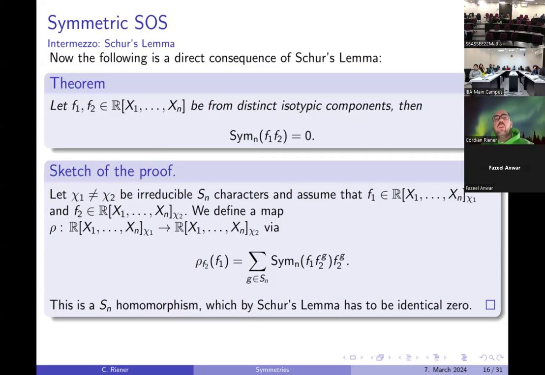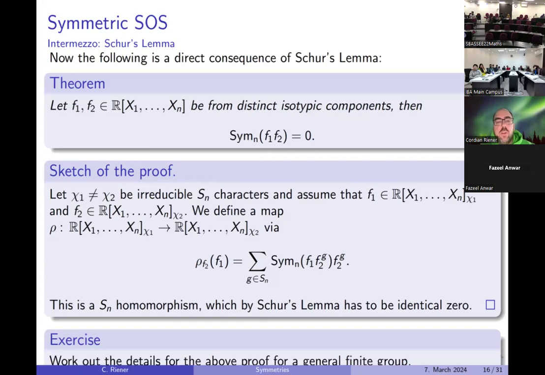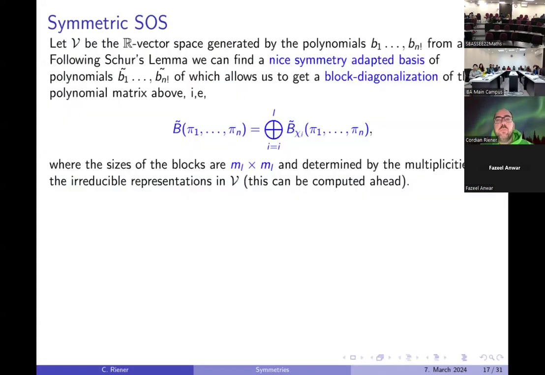So what you do here is you build a G invariant homomorphism from this product, and this has to be 0 in the end. It's a little bit not so interesting, but if you're interested, a good exercise might be to really try to figure this out with the help of Schur's lemma for general finite groups.